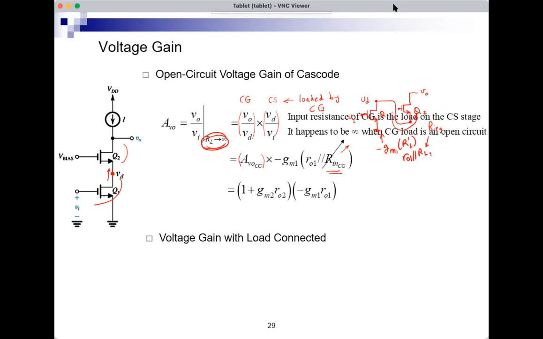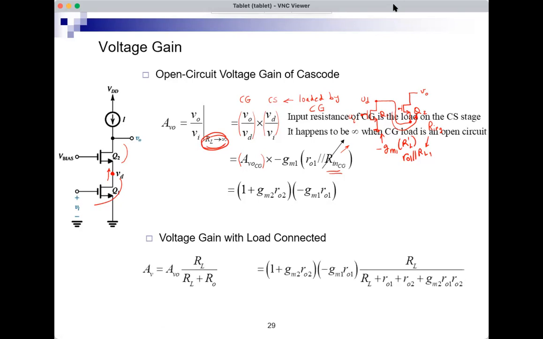If there is a load connected, what happens? We can repeat the calculation with the load connected, or simply say, well, I have AVO, I connect RL, and I know RO, I derived an expression for RO, so that's RO, and that's AVO. So that's the gain when I connect RL.